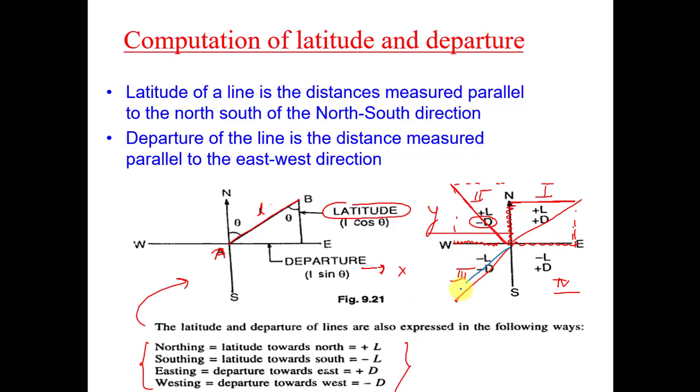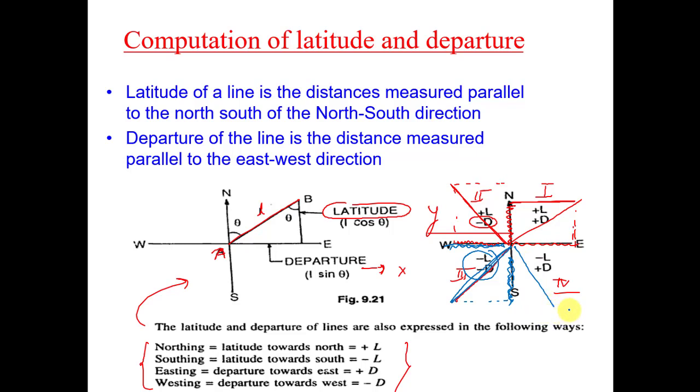This is my line in the third quadrant. This line has latitude on the y-axis which is negative, and departure on the x-axis which is again negative. So we have minus L and minus D. And if I draw the last line in quadrant 4, we have positive D and negative L.